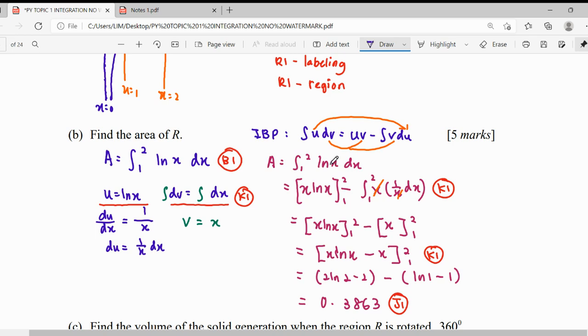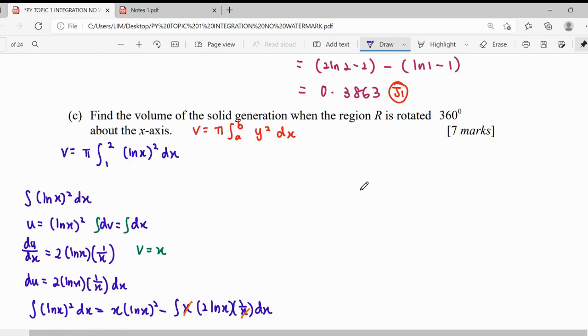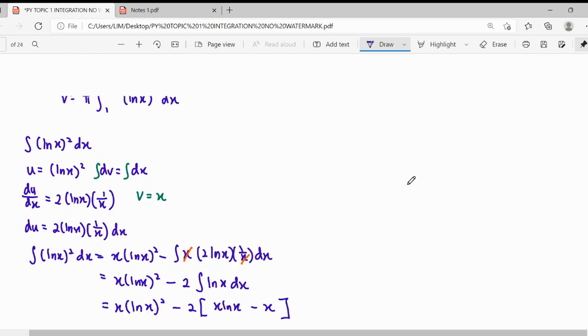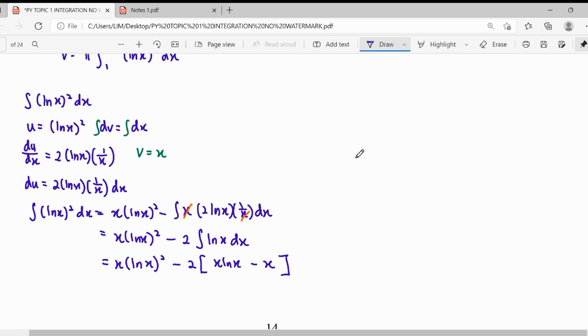So when we integrate ln x, we know this is our answer, x ln x minus x. Okay, double check. So plus c. I will write plus c because I haven't do the defined integration. I just do the undefined integration first.